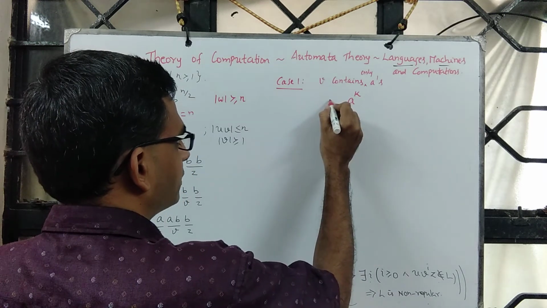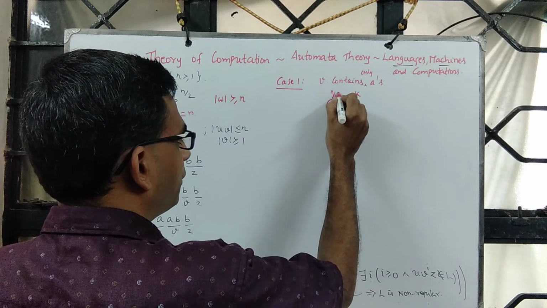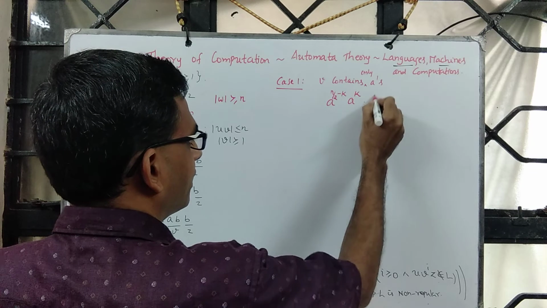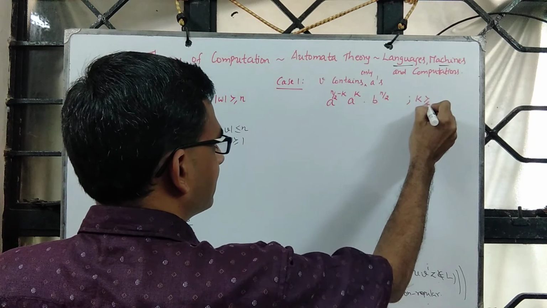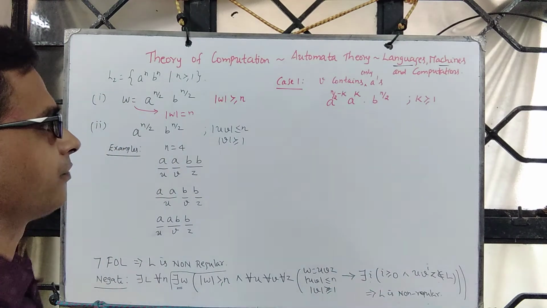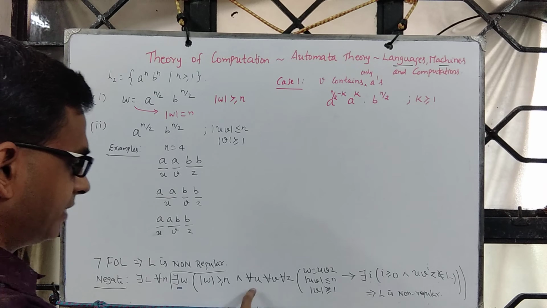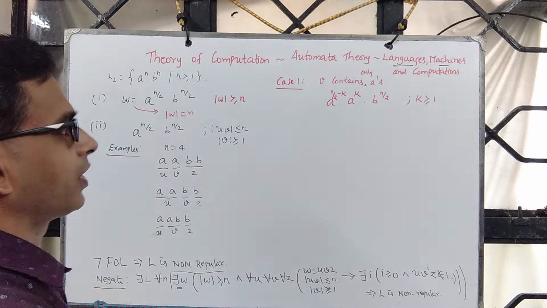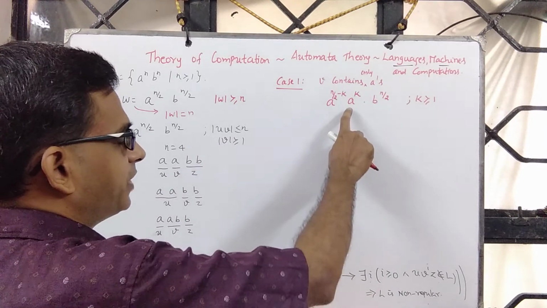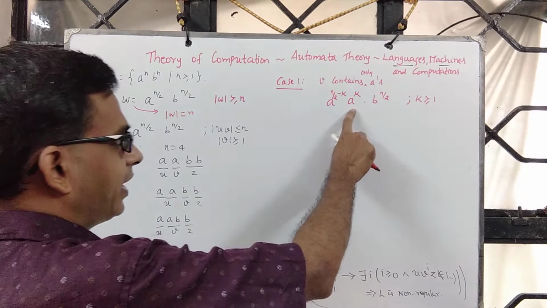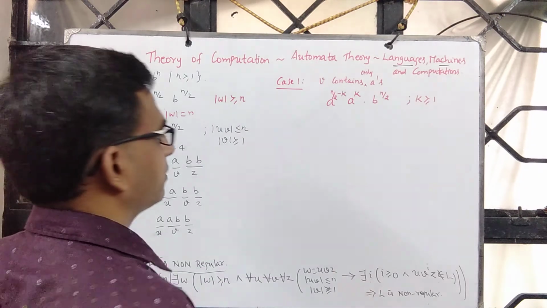To its left it is U, which means it is a power n by 2 minus k, times b power n by 2, and k is at least 1. It contains only a's, some number, because it says any decomposition. And with respect to case 1, in any decomposition, we do not know whether it is 1 a or 10 a's, 100 a's, we say a power k and the rest.